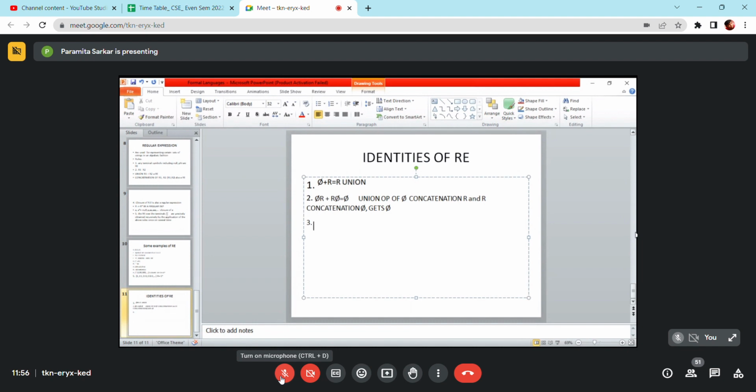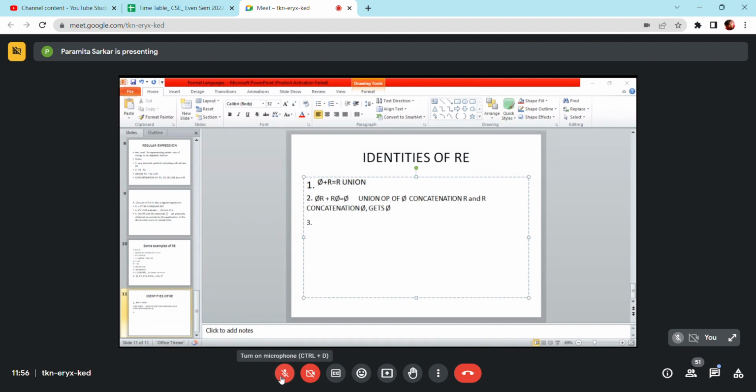So next identity is using epsilon. Now what is epsilon? Epsilon is also used to represent the null move. In case of NFA, we may see that in any move we denote by epsilon, so that is also denoted null.